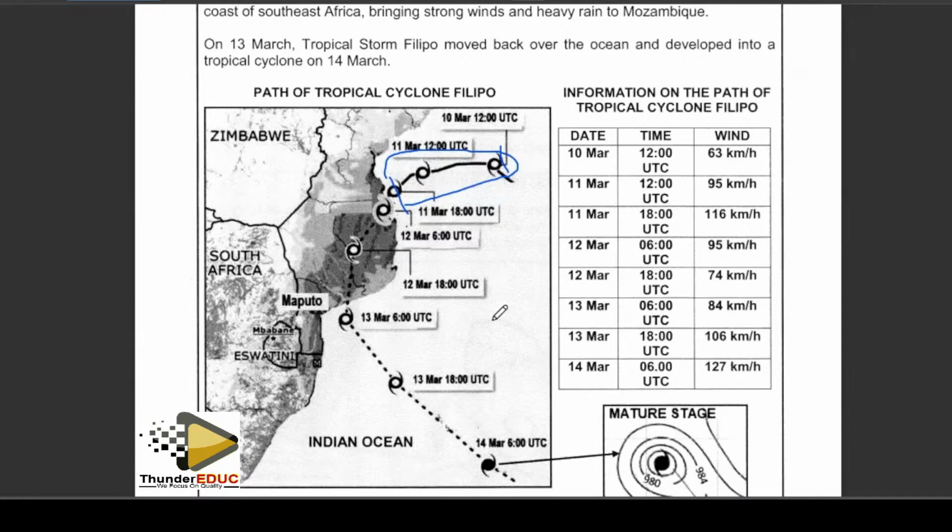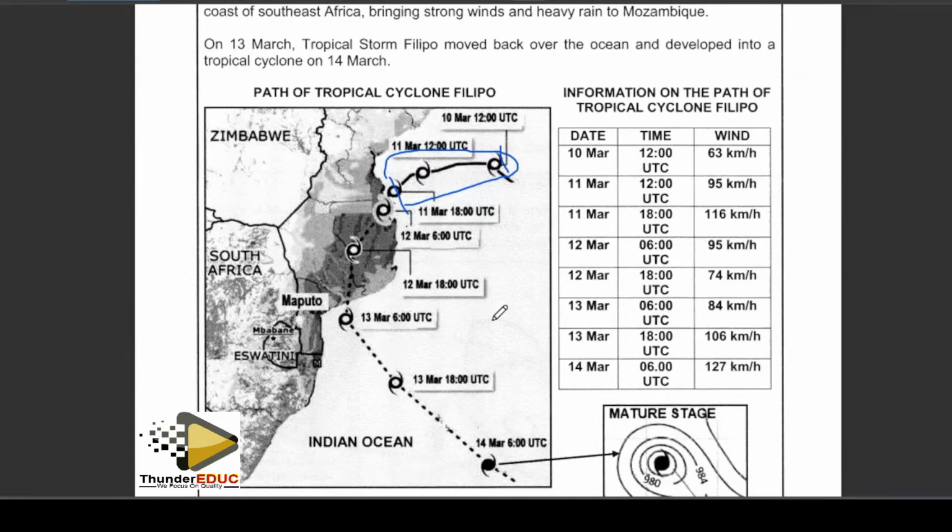From the 10th of March to the 11th of March, it was right through over the warm ocean, which will also mean that there will be more feeding in of moisture into the system, and there will be more release of latent heat, which will further strengthen the system. So which means from the 10th to the 11th, the system was strengthening because it was moving over the warm water body where there is no friction.